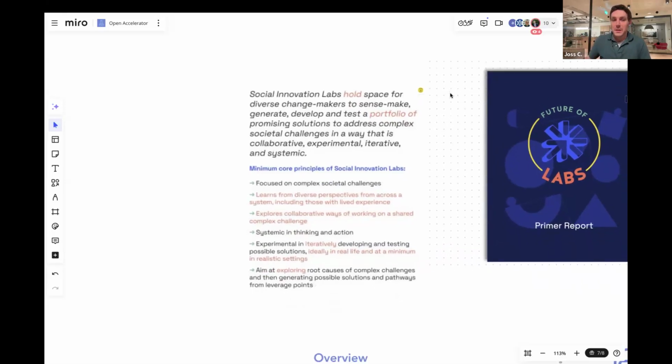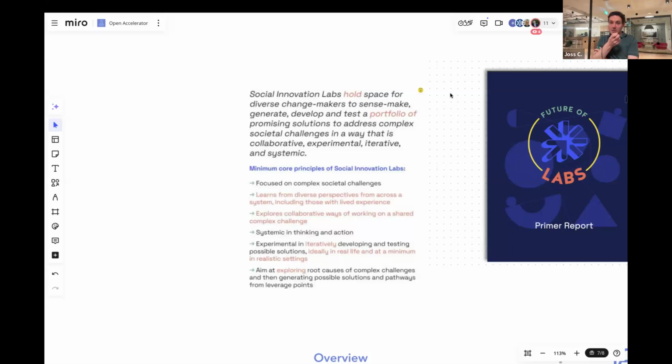And they put in minimum core principles to these labs: focus on complex societal challenges, learn from diverse perspectives from across the system, including those with lived experience, explore collaborative ways of working on a shared complex agenda. They're systemic in thinking and action, experimental in iteratively developing and testing possible solutions, ideally in real life, and at a minimum in realistic settings.